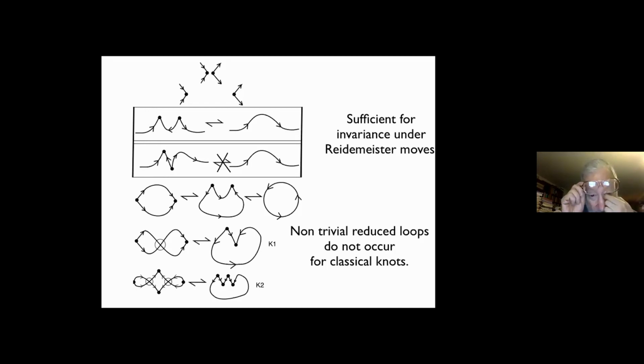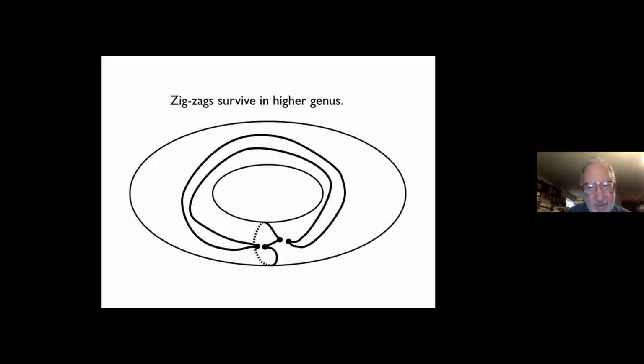How do you get an idea of what's going on with this, and how do you see that it's invariant? We have enough time to get a little bit of an idea. First of all, the zigzagging can happen if you're on a surface of higher genus. Here's a state drawn on the surface of a torus.